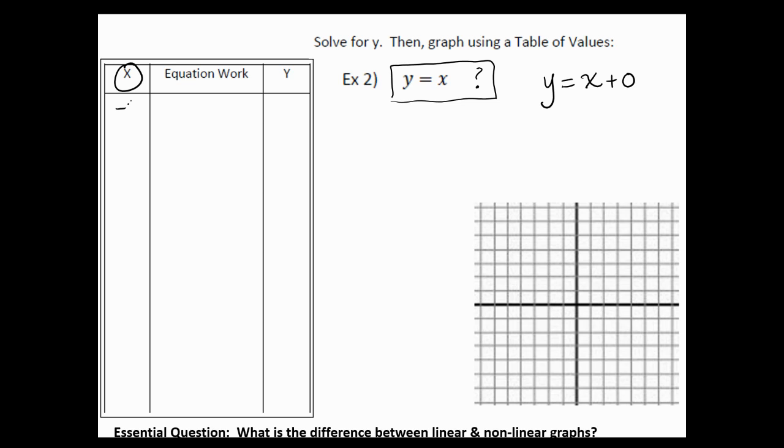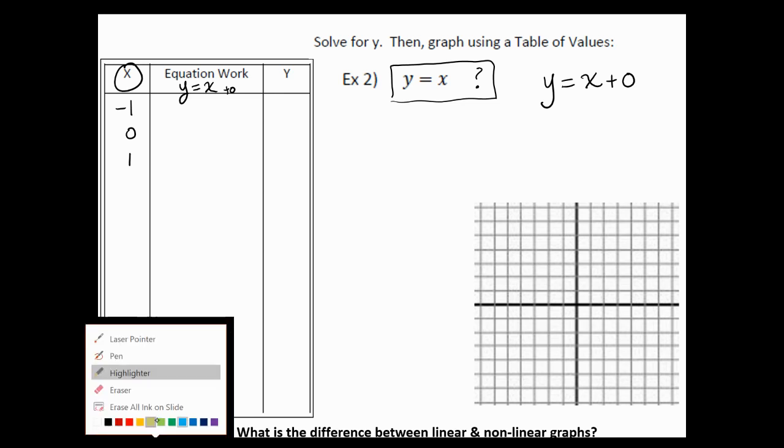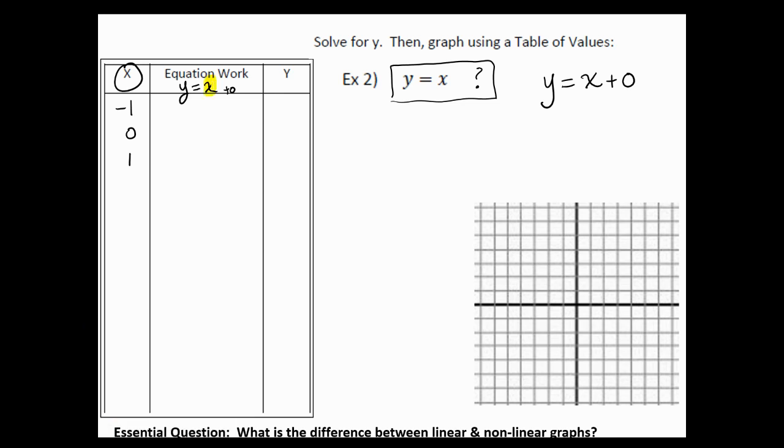So when we choose the x values, it's -1, 0, and 1. The equation is y is equal to x, and if you want to, think plus 0. So remember, you're plugging items in to this x value.